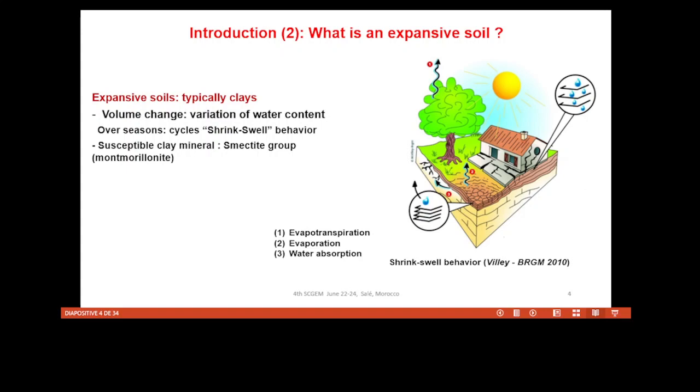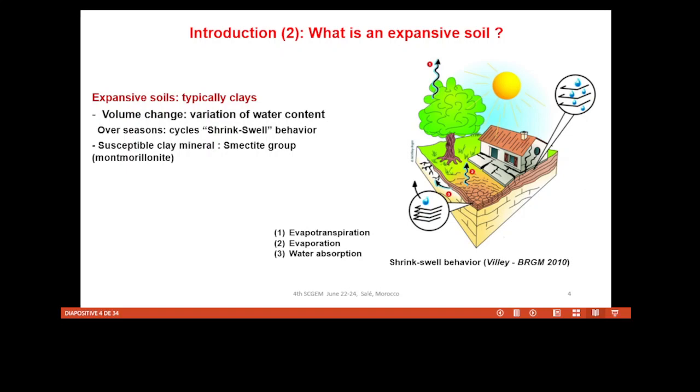We have cycles of shrink and swell behavior. And importantly, the smectite group and the montmorillonite type of clay is a good example of an expansive soil.